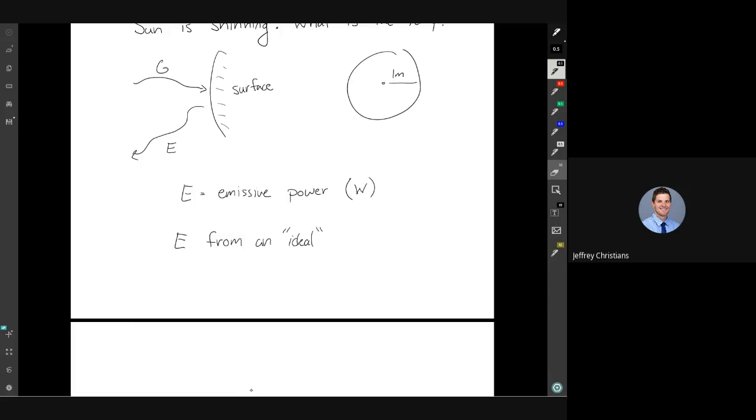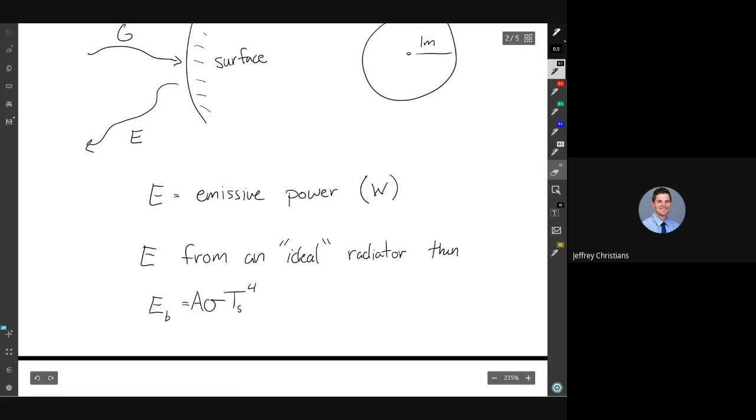But if you have an ideal radiator, then we'll call it E_b equals sigma A sigma T_s to the fourth. And I'll pull this apart a little bit so that we can figure out what that is.